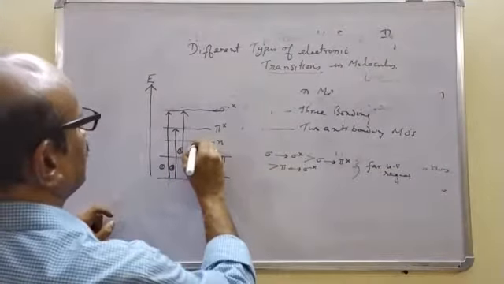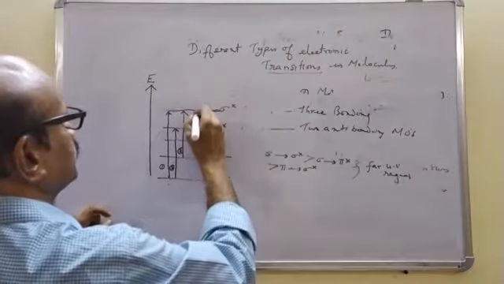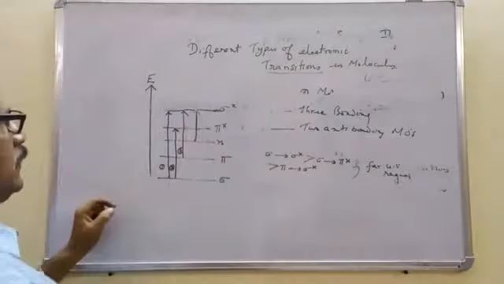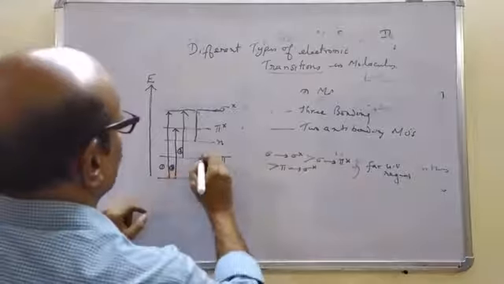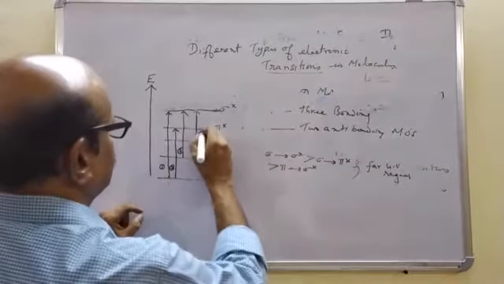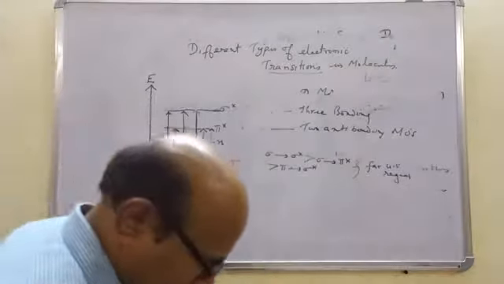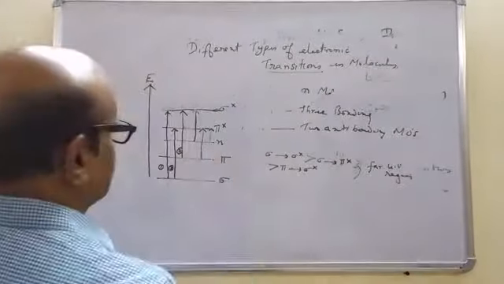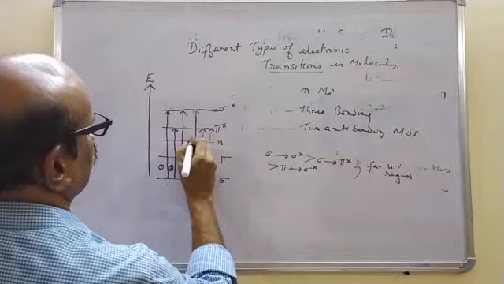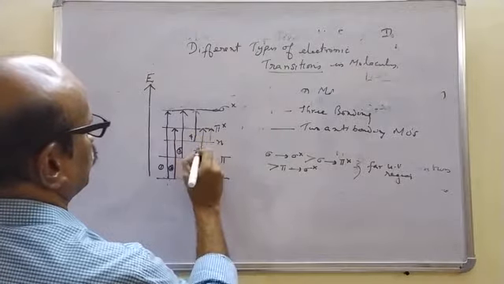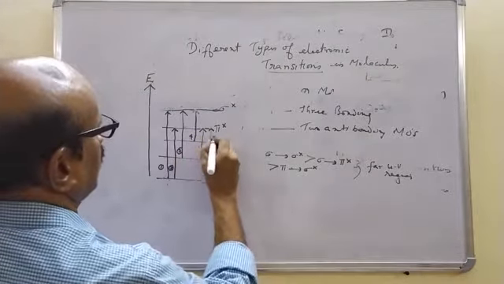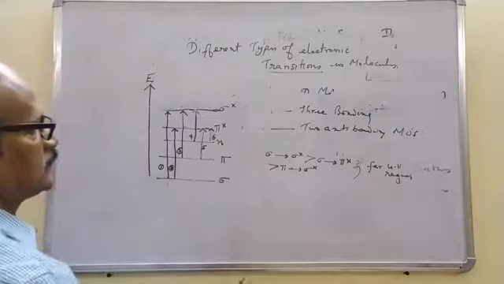That is n to sigma star, then pi to pi star, and n to pi star transition. That is 4, 5, and 6.